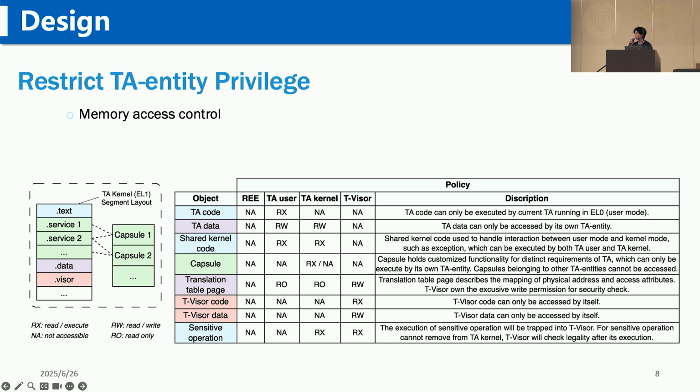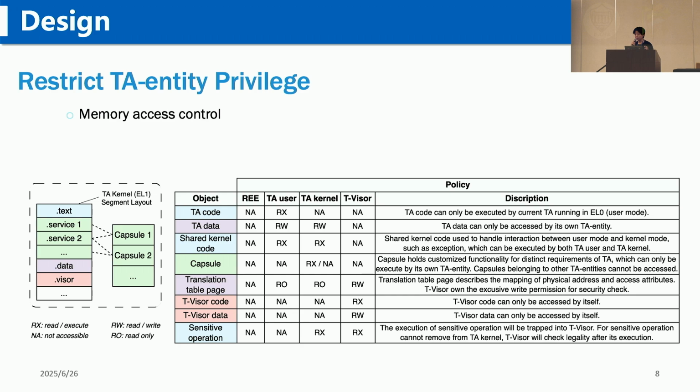For the second challenge, to restrict the TA entity privilege, we enforce fine-grained access control over memory. During the TA load stage, we split the original text segment into multiple service segments and selectively map only the needed ones into the TA entity.